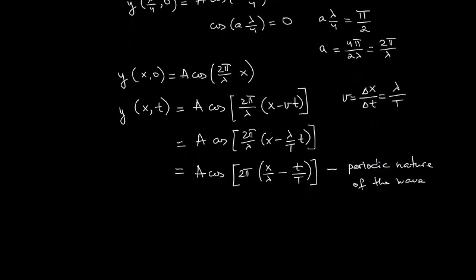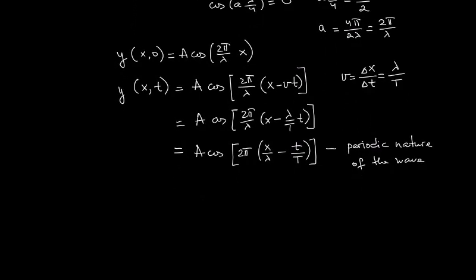Now let's represent this in a little bit more convenient way. I can write y(x,t) equals A cosine of 2 pi over lambda times x minus 2 pi over T times t.